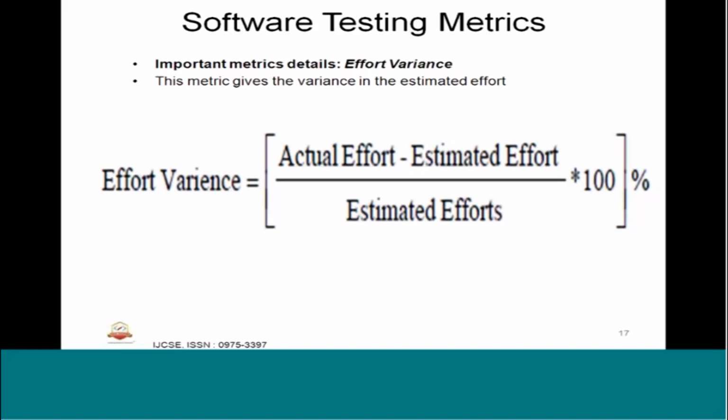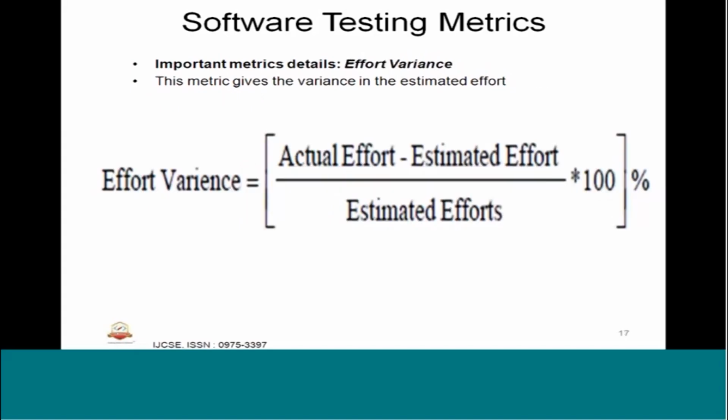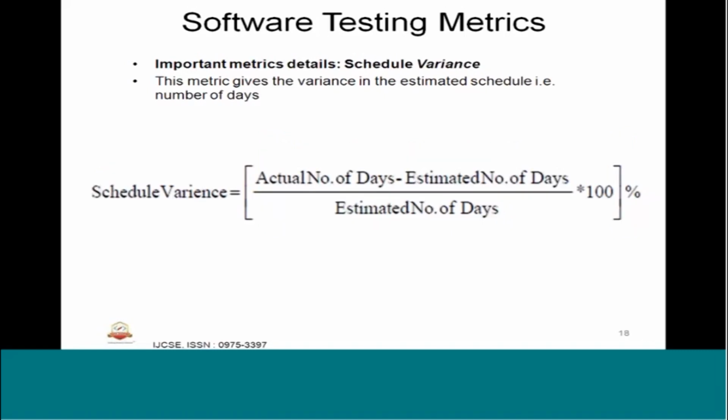Usually in the embedded industry, variance should not be more than plus or minus 5%. If it is minus, it is not good; if it is plus, it is also not good. Either we have underestimated or overestimated. That shows how well the estimation was done and how well the program coped with those estimations. The next one is the schedule variance.